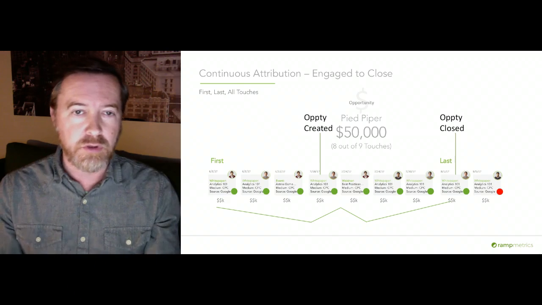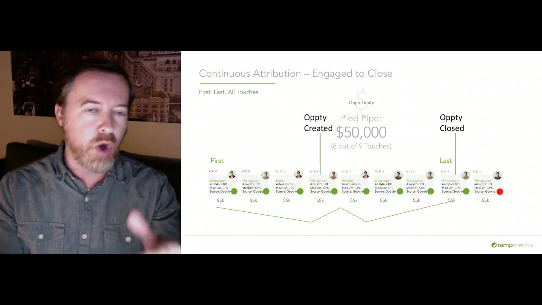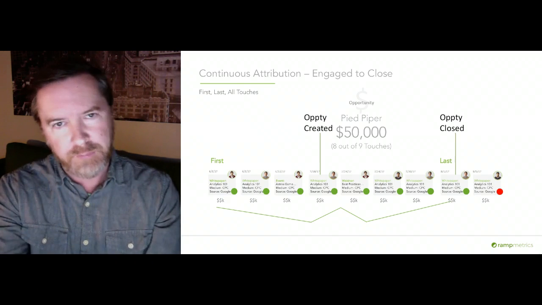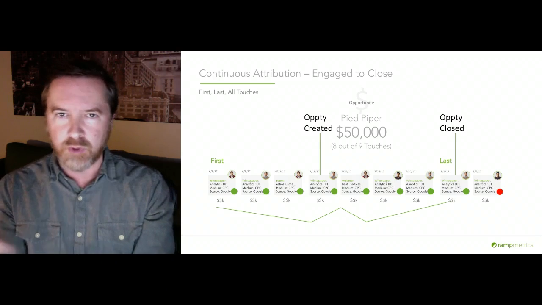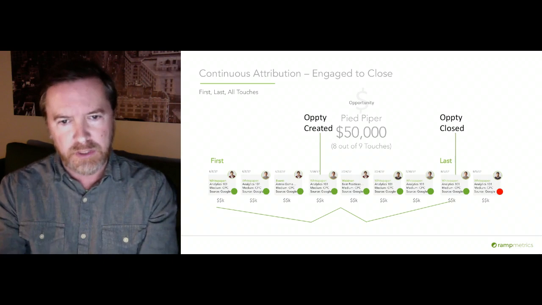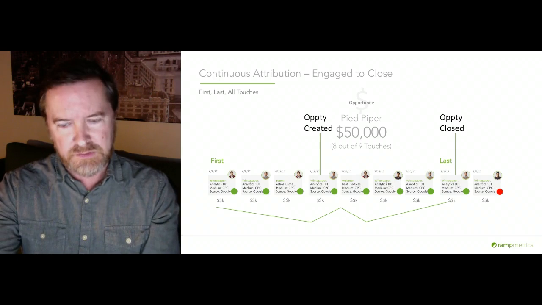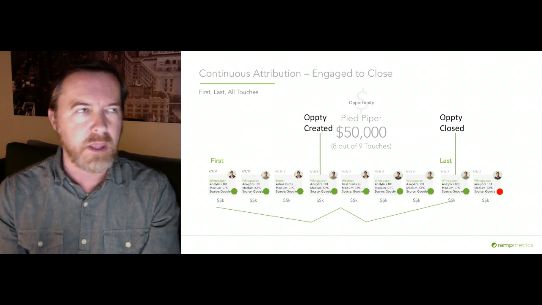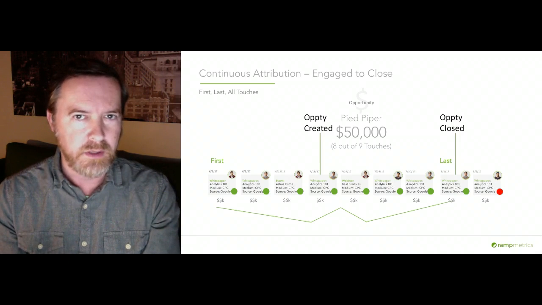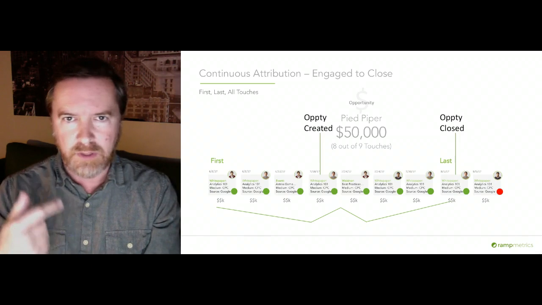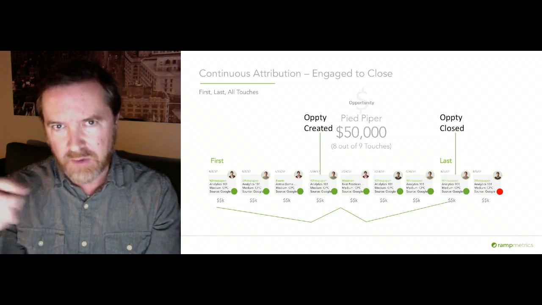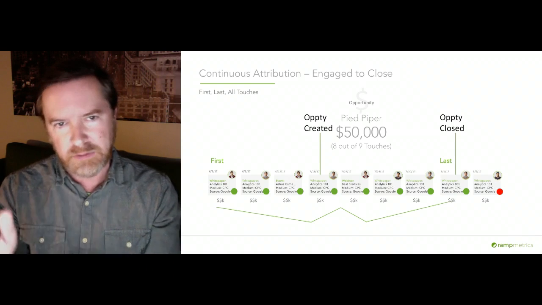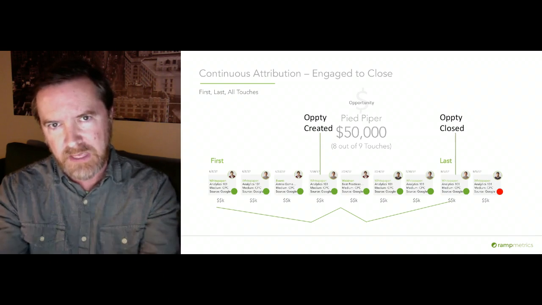The other way, you can take a longer view and go all the way from engaged to close. What you're picking up there is what sometimes people call nurturing, or marketing nurturing on existing opportunities. And this is very helpful for companies that create opportunities very quickly in their marketing to sales process. If you create opportunities very quickly, you may really like having visibility into this engage to close.